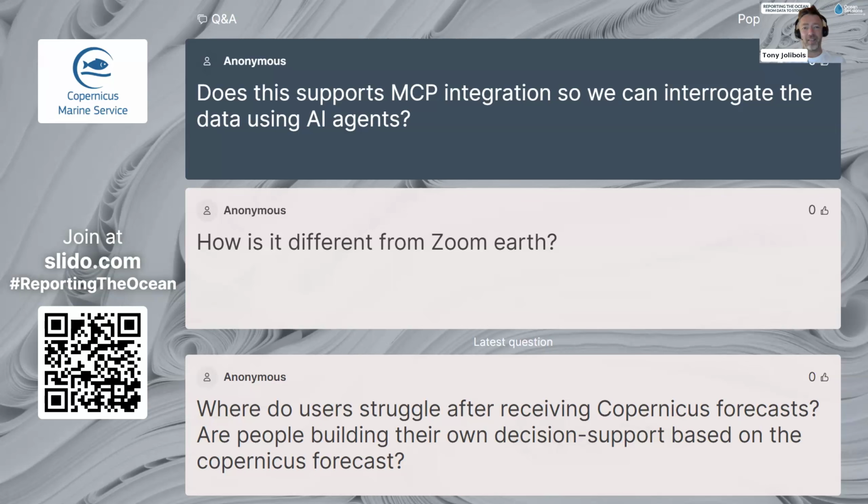Yeah, MCP is a standard way to exchange between AI agents and tools. Right now, MyOcean Health doesn't allow that, but it will be the case in the near future.